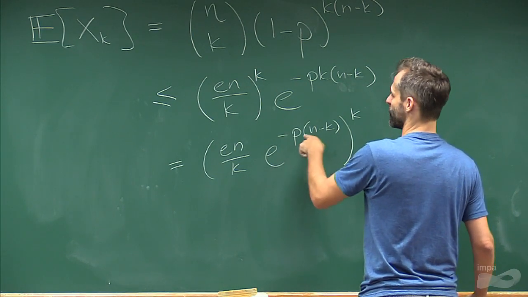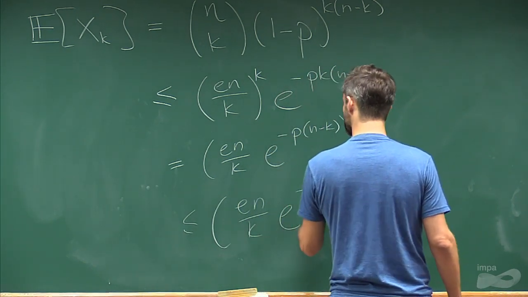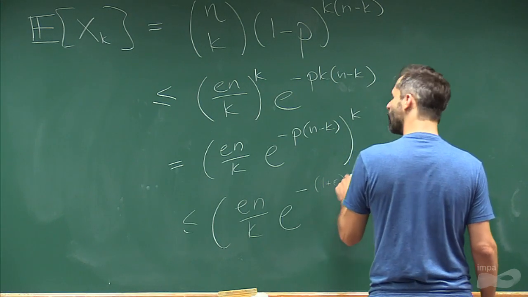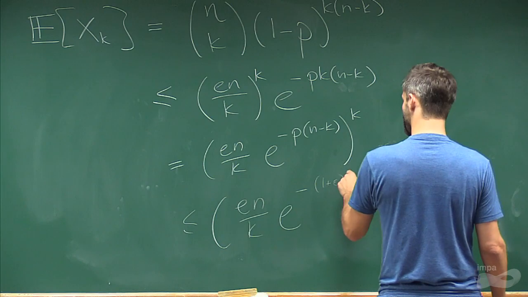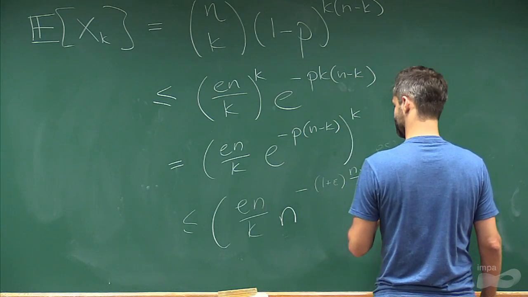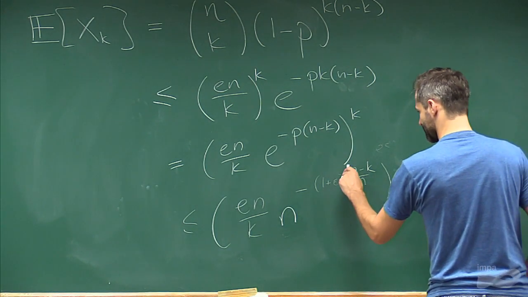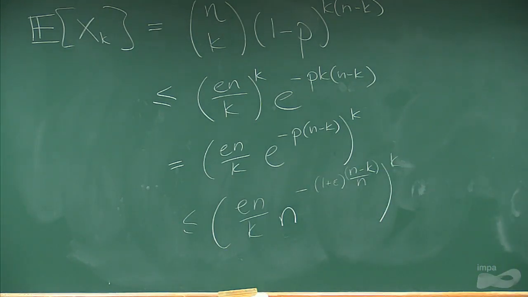So what do we have? This is at most (en over k) times e to the minus (1 plus epsilon) times (n minus k over n) times log n, so there can be an n, to the k. Thank you. Are we happy?